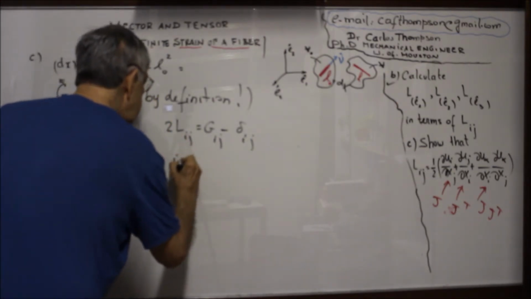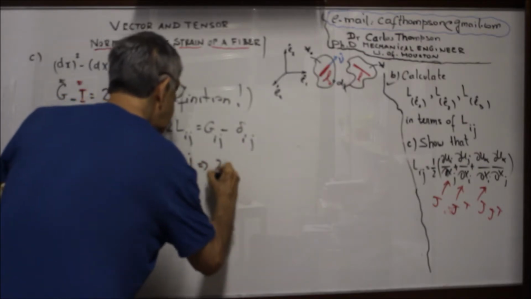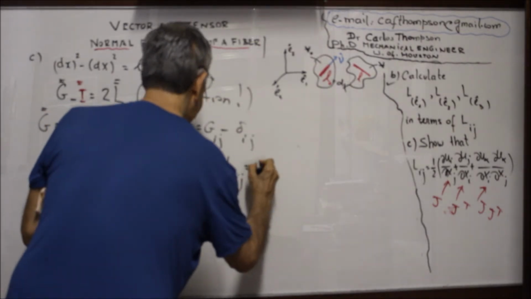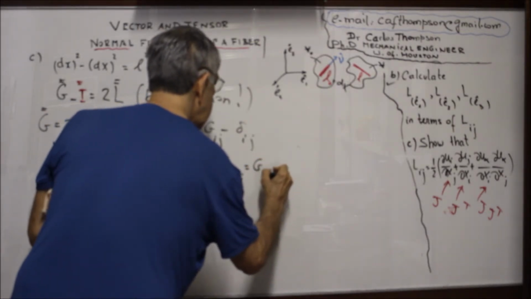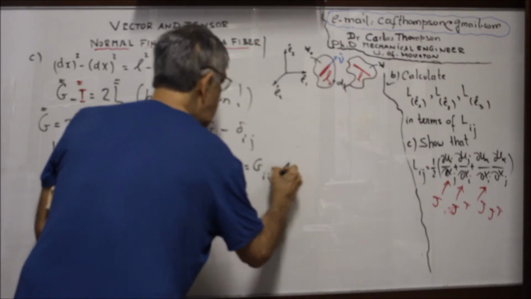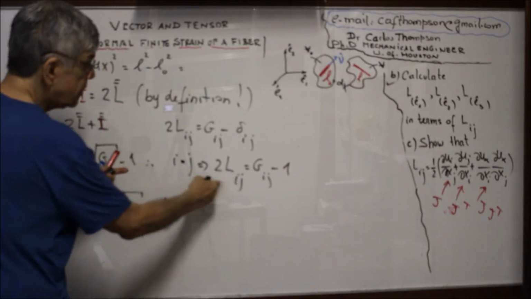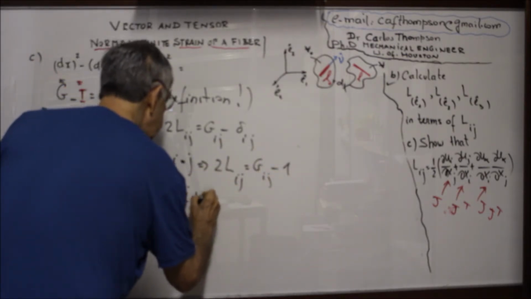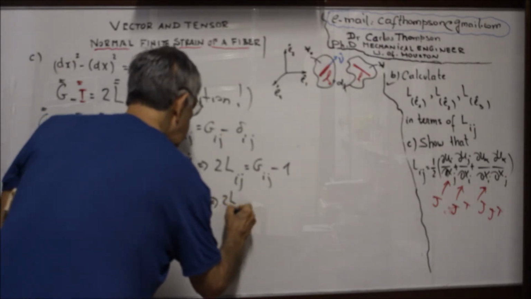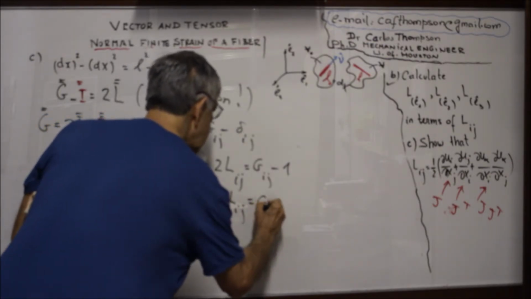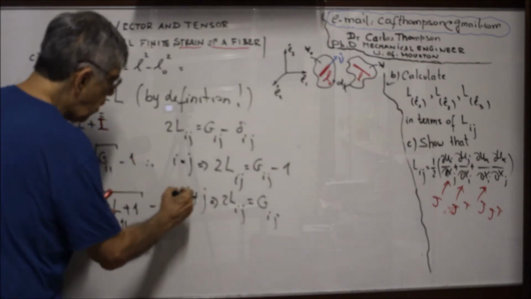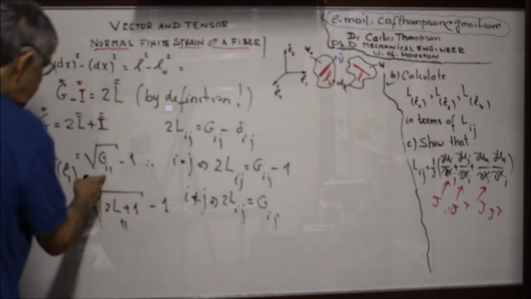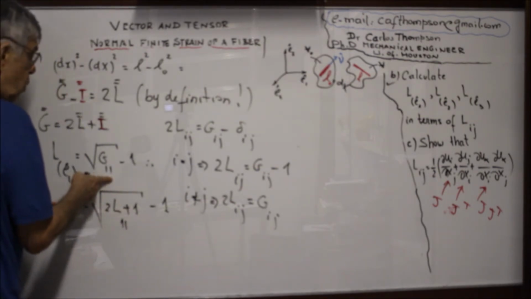Now, for i equal to j, 2Lij is equal to Gij minus 1. You see? Because for i equal to j, delta 1,1 is 1. For i different from j, 2Lij is equal just to Gij, because for i different from j, delta ij is 0. Then here, G11, i equal to j equal to 1.